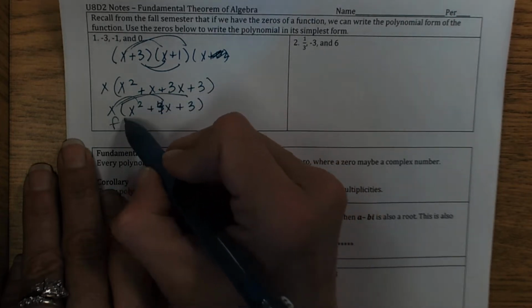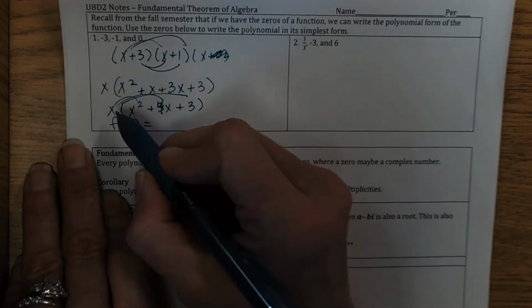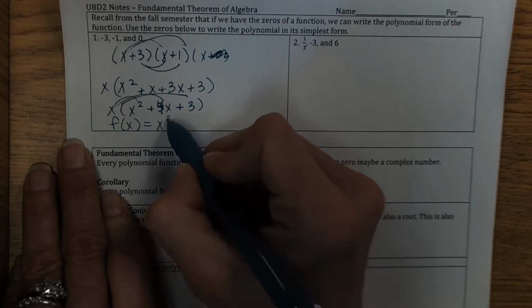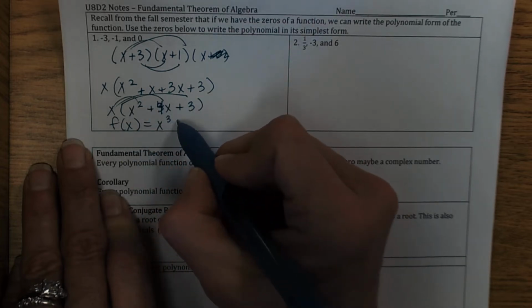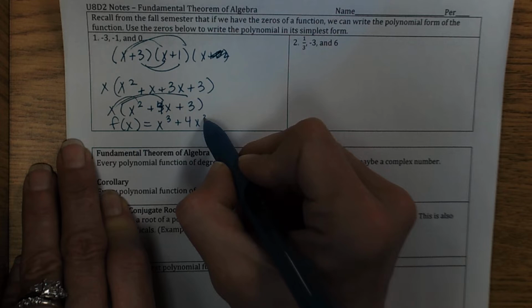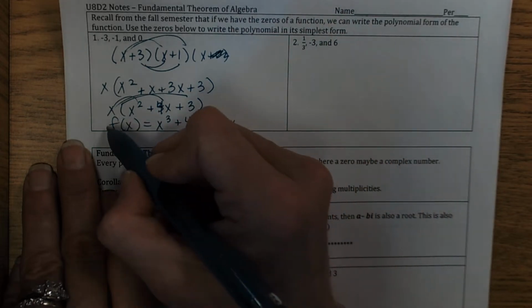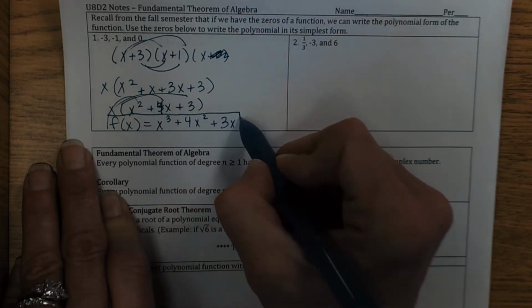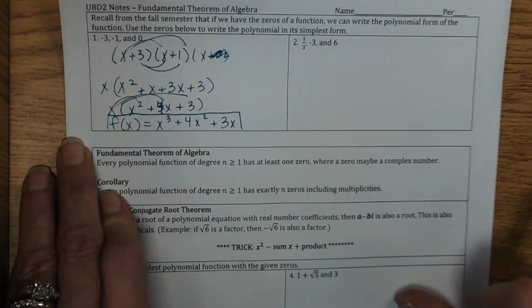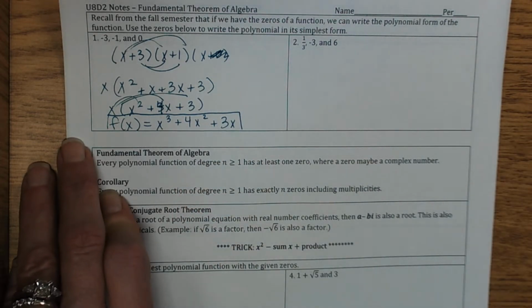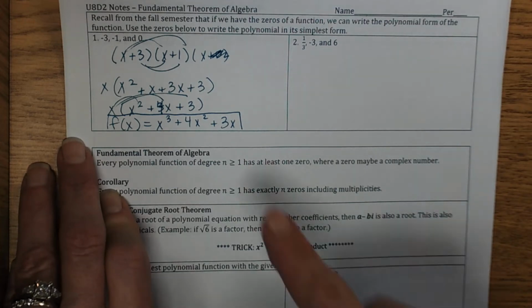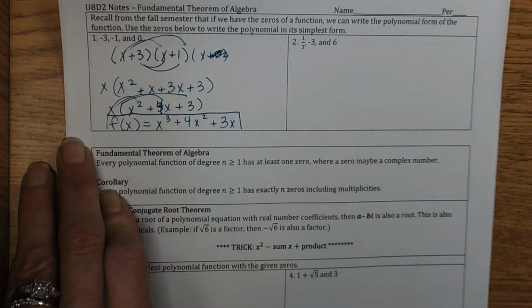So then I have f of x is equal to x times x squared is x to the third. x times 4x is plus 4x squared. And x times 3 is plus 3x. So that would be the polynomial in simplest form with those factors. So again, if we were working backwards, we would factor out an x and then factor the trinomial, and we'd end up with those zeros up there.